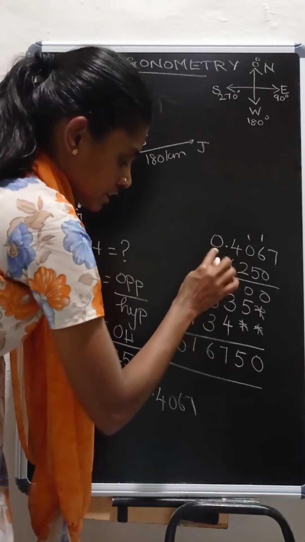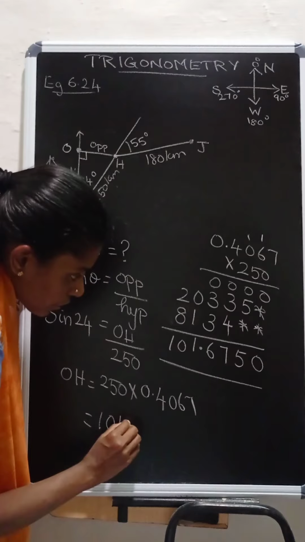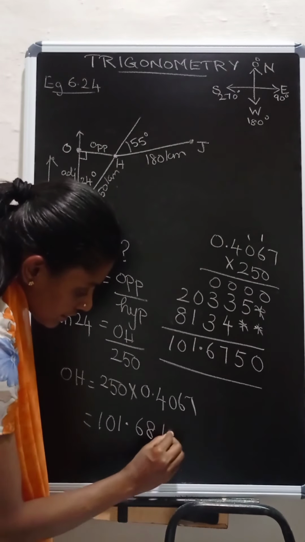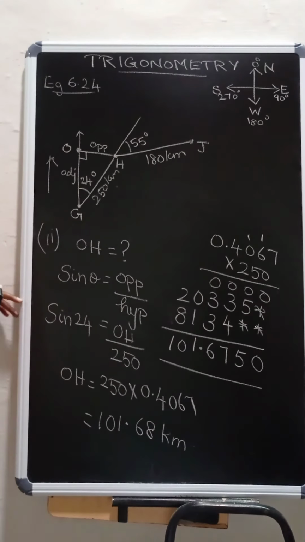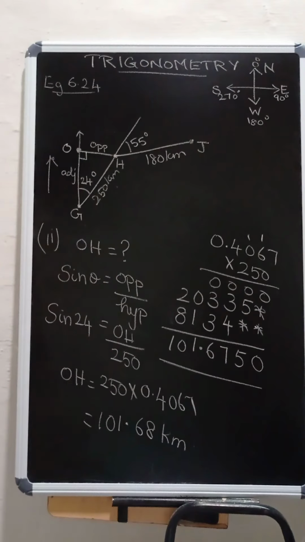So after 4 digits the point is there, so here also. That is 101.68 kilometers. So how far is H to the east of G? 101.68 kilometers.